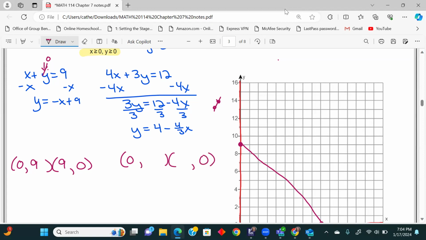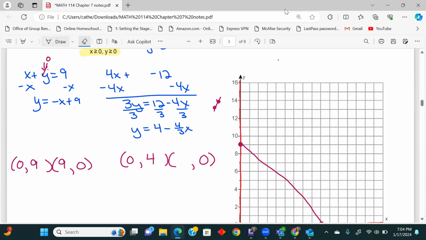So for x, we're going to plug in 0. So if I plug 0 in here, 4/3 times 0 just goes to 0, and y is 4. All right, now let's plug in 0 for y.